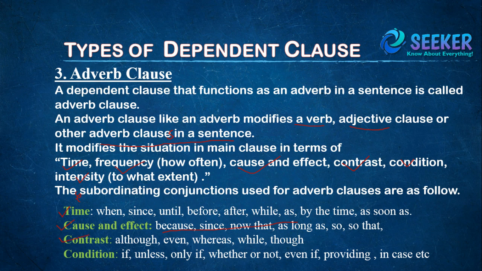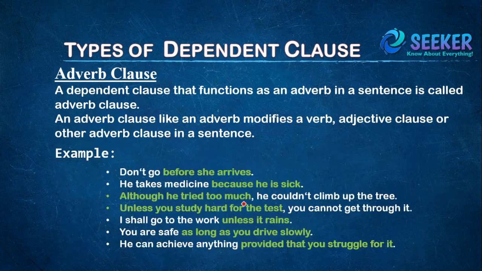Contrast: although, even, whereas are in the category of contrast, and condition are also given as follows. Now, from all such words, we will be capable of recognizing whether a clause is an adverb clause or not. So you need to remember these words, which are often used in adverb clauses.